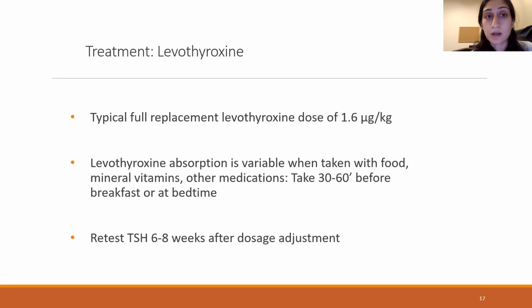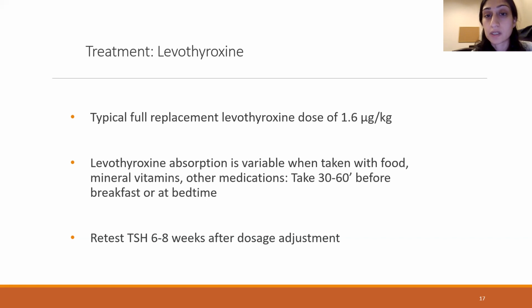So treatment for hypothyroidism is relatively straightforward. You just want to replace the T4 that their thyroid is not able to make. So you give levothyroxine at a generally weight-based dose. Full replacement dose is 1.6 micrograms per kilogram. The main thing you want to make sure is that your patients know when and how to take it. It is affected by food.